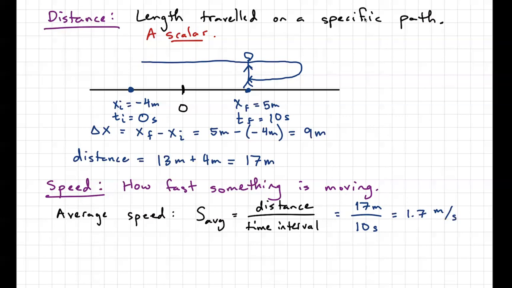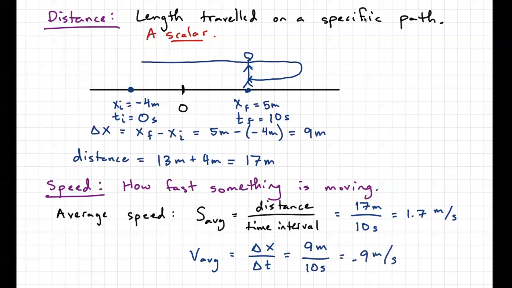Notice that if we calculated the average velocity here, which we calculate as displacement over that time, delta x over delta t, then we'd have 9 meters over 10 seconds, so 0.9 meters per second.